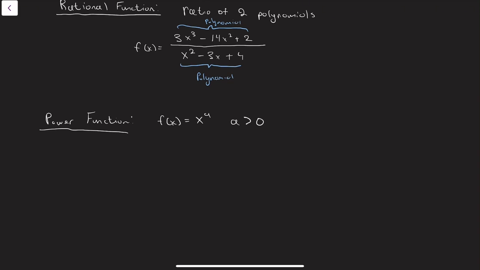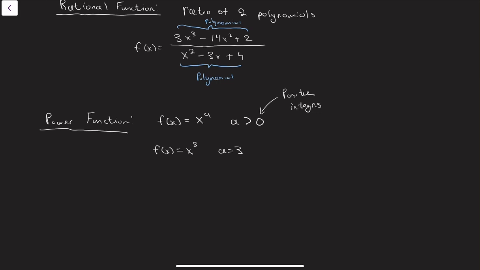Great. And more specifically, positive integers. So an example would be f of x is equal to x cubed. In this case, a is equal to 3. This is the definition of a power function. So it's just a function that's raised to a specific power.